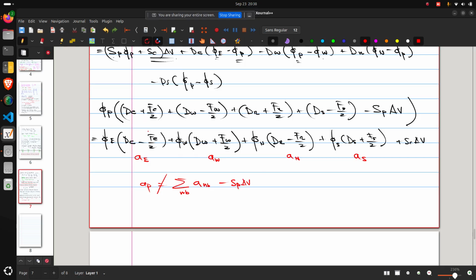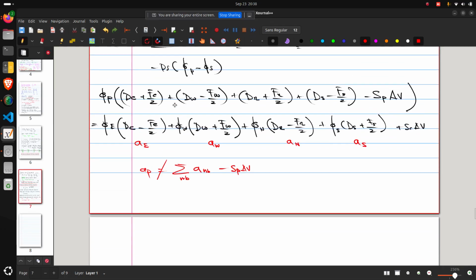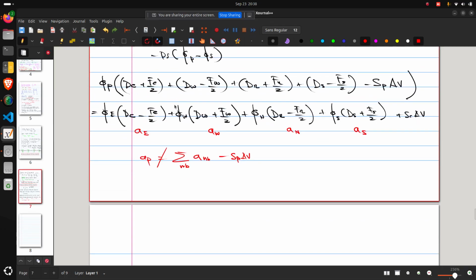Here it's not the same thing. If you see, the signs are flipped. So to deal with that, we will just add and subtract some phase mass fluxes to get the AE, AW and all these things.